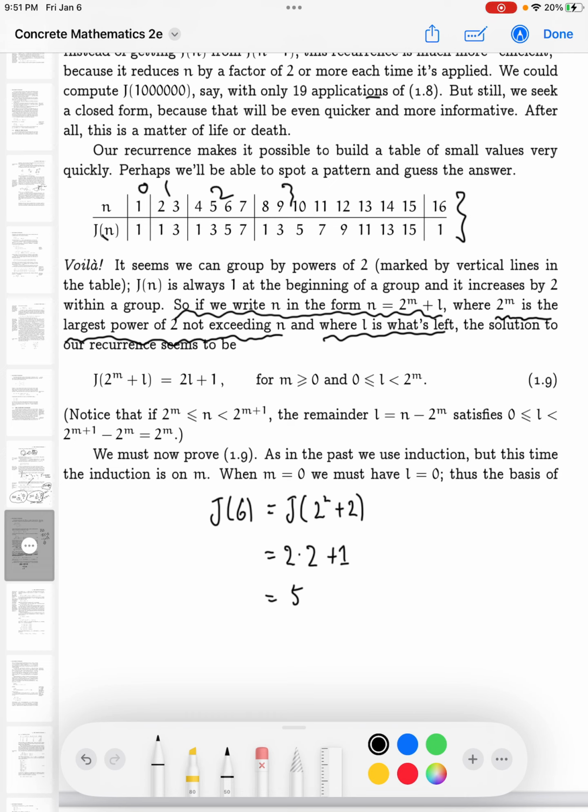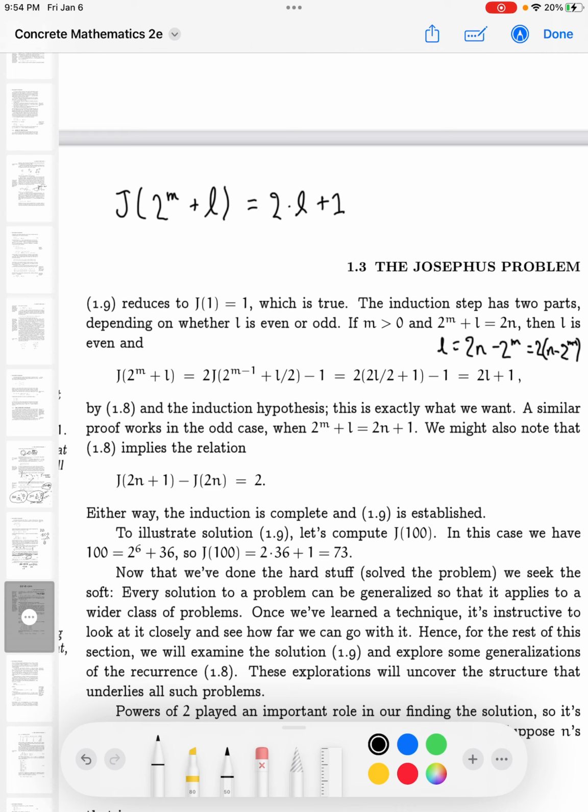L is even because if you move 2 to the power of m to the 2n side, it's going to be 2n minus 2 to the power of m. Again, this can be reorganized, factored into 2 times (n minus 2 to the power of m minus 1).